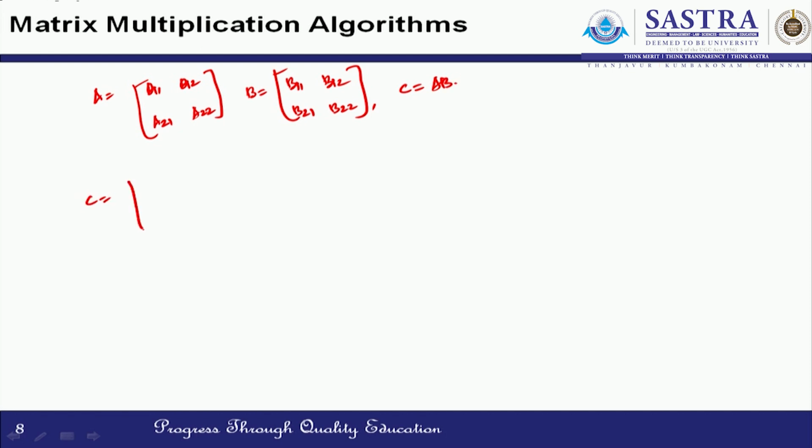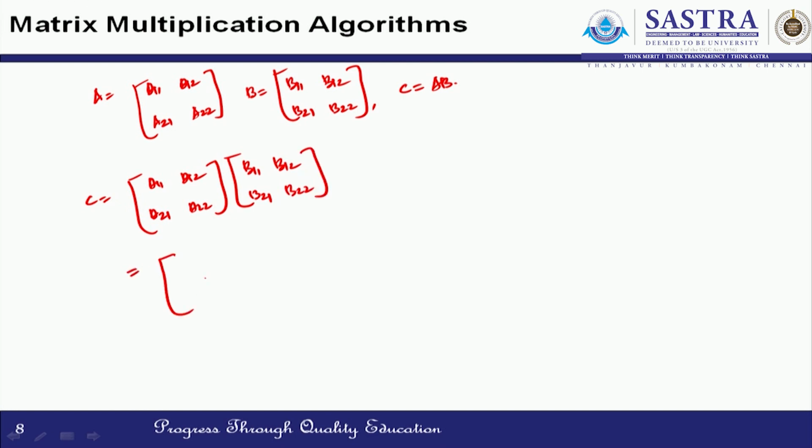That means C is equal to A11, A12, A21, A22 times B11, B12, B21, B22.